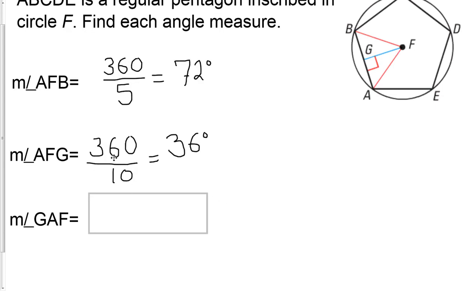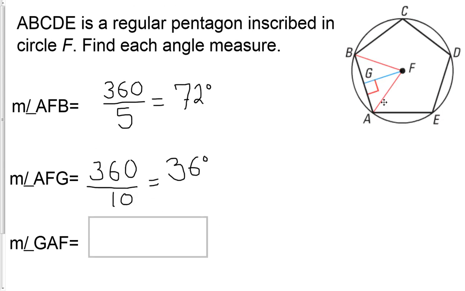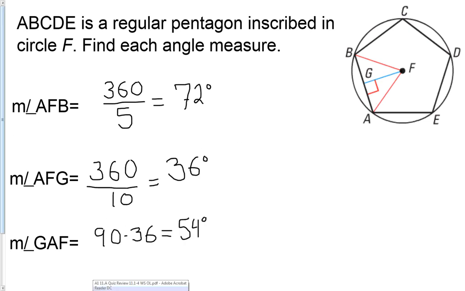So this came from 2 times the number of sides. Lastly, angle GAF. If this is a right triangle and we have 36 degrees here and 90, this needs to finish us adding up to 180, or even shorter, if we have a right triangle, these two angles add up to 90. So 90 minus 36 gives us 54 degrees.